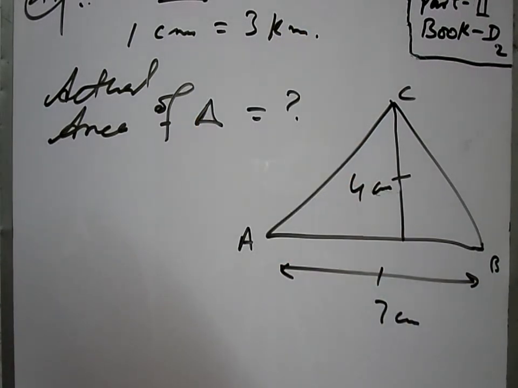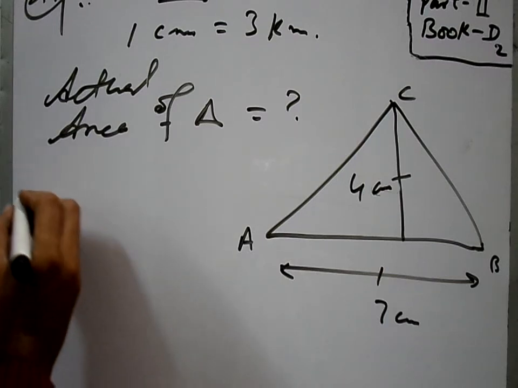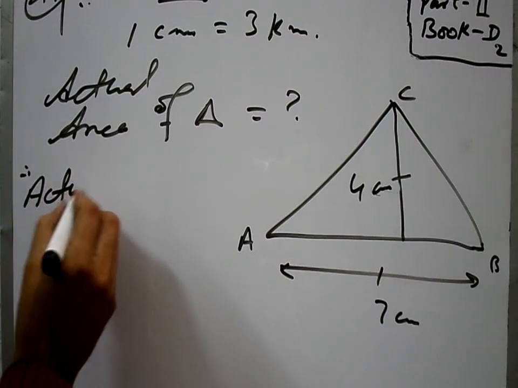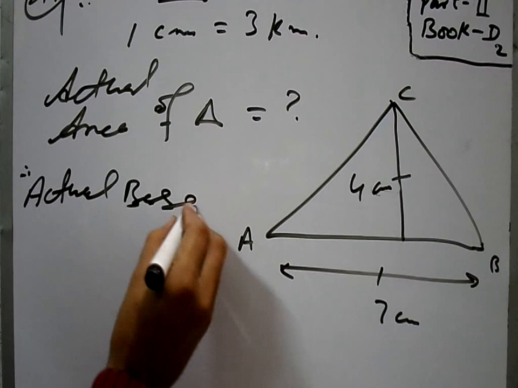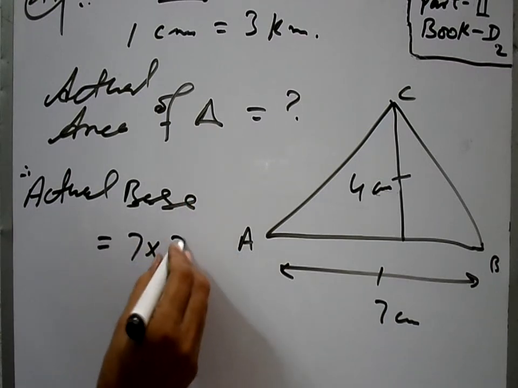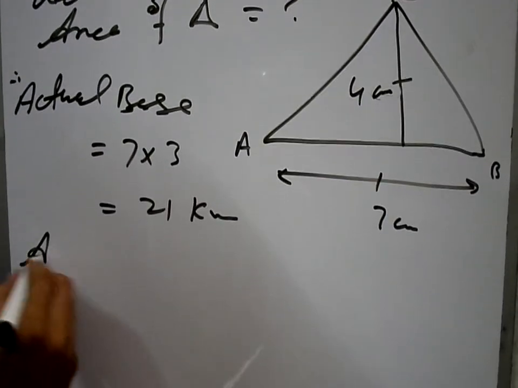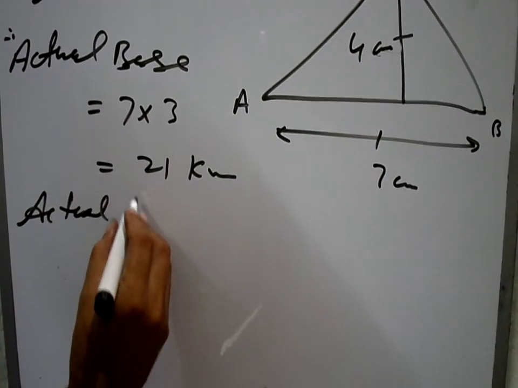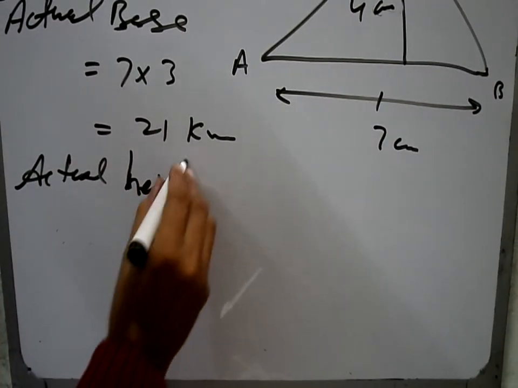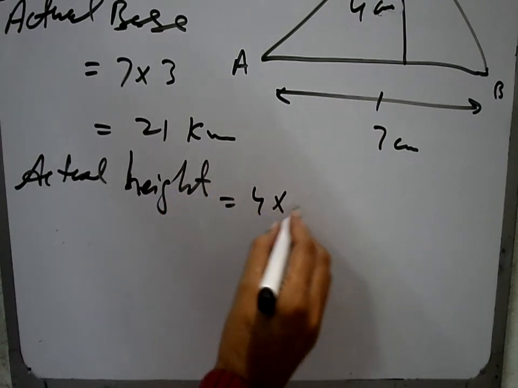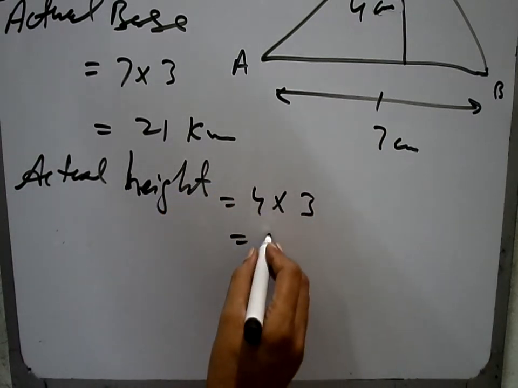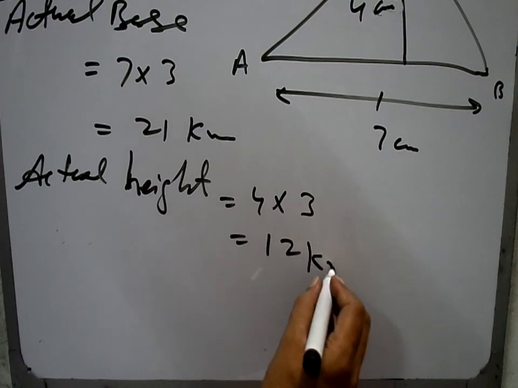So actual base is equal to 7 multiplied by 3, so you will get 21 kilometer. Actual height is 4 multiplied by 3, you will get 12 kilometer.